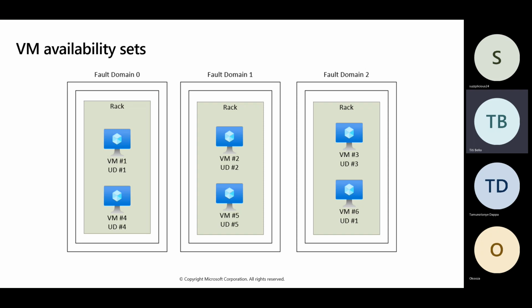Then I have a virtual machine that is responsible for certificates. So what you need to do to create a fault domain or virtual machine availability set is identify that if my users need to authenticate, it means at all times the domain controller must always be reachable.